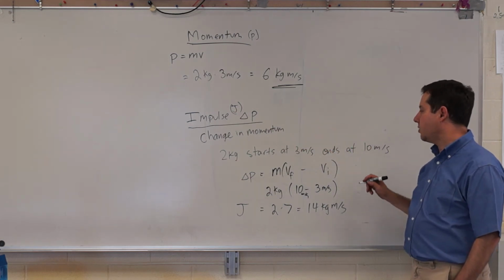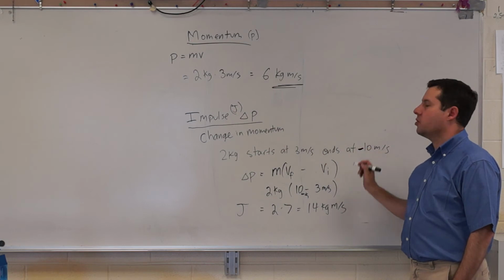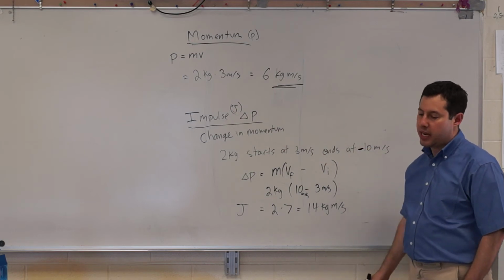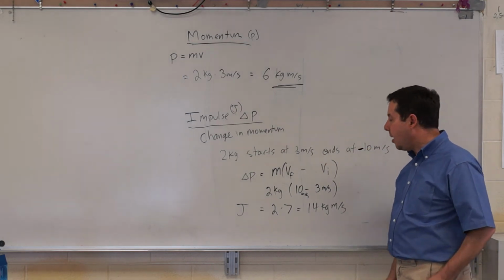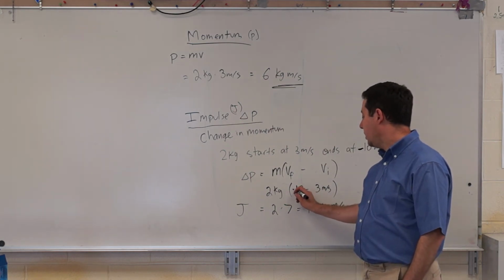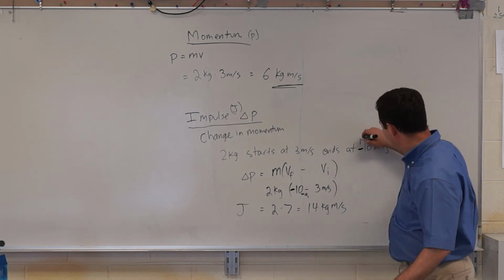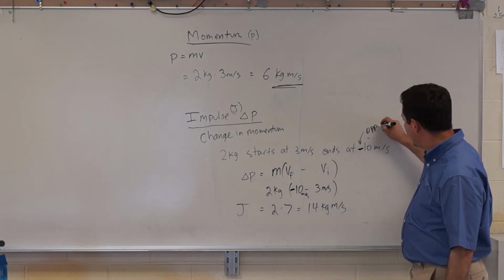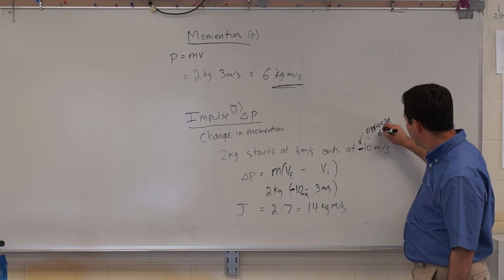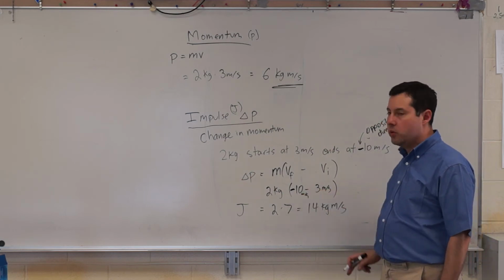You could also get something like this. A 2 kilogram object starts at 3 and ends up going in the opposite direction at 10 meters per second. So maybe it's kicked in the opposite direction. In that case, you just need to make sure that your total change in momentum accounts for the opposite direction.